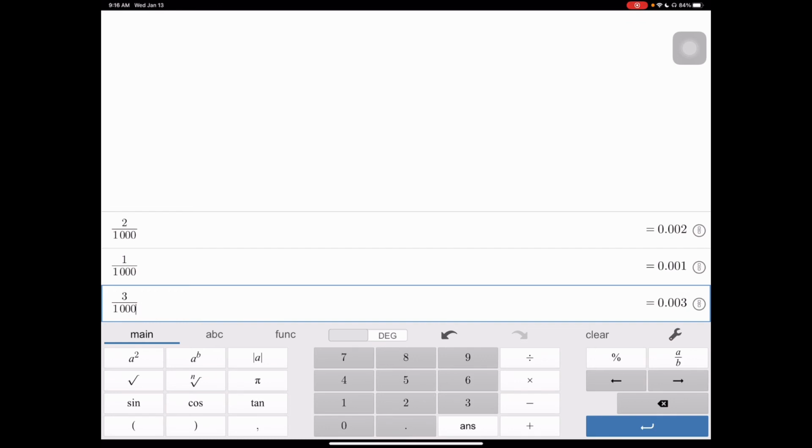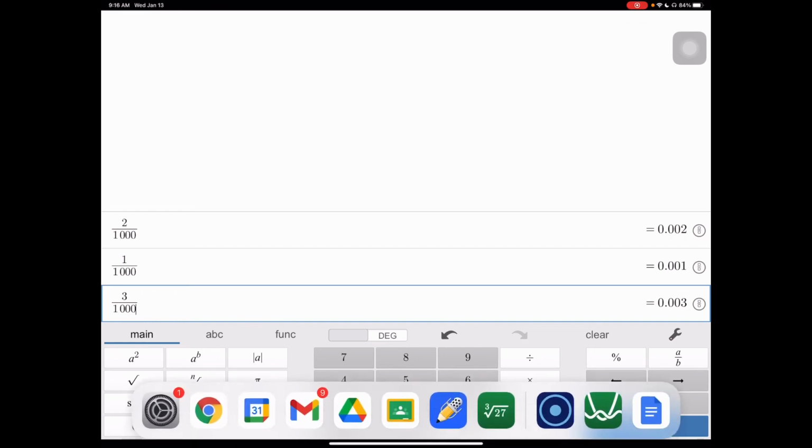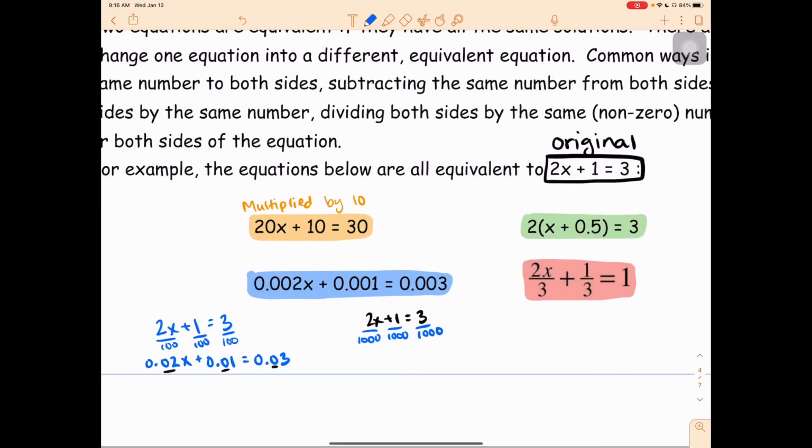And what you would call these place values is 2 thousandths with the THS at the end, okay? That is what this one is. This is 2 thousandths x plus 1 thousandths equals 3 thousandths, okay?